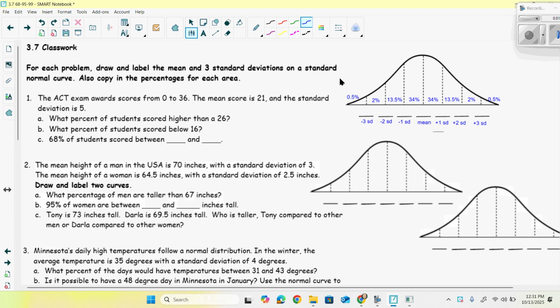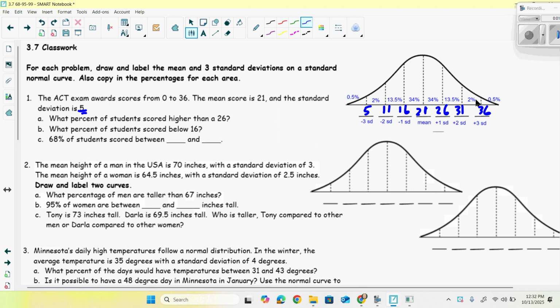The mean score is 21, so our middle is 21, and then for each standard deviation away, it's worth 5. So adding 5 gets us 26, 31, 36. Subtracting gets us down to 16, 11, and 5.